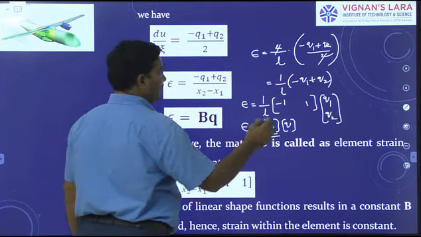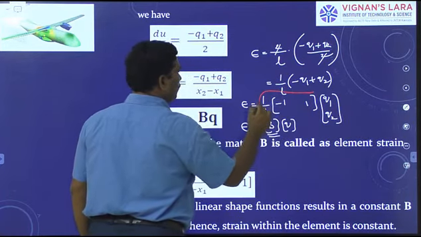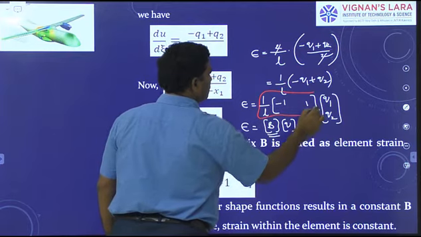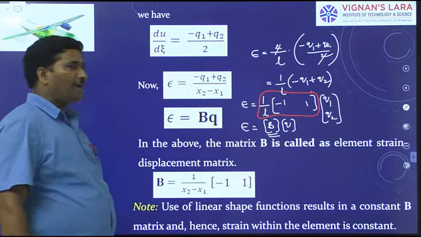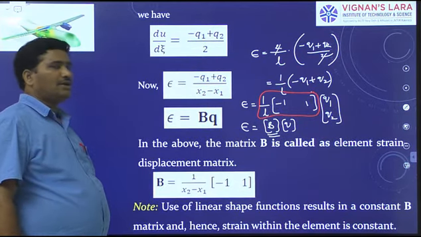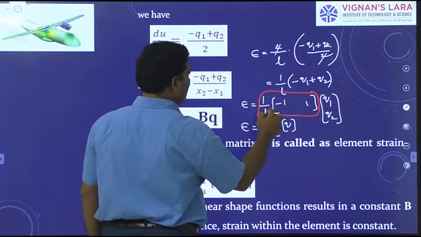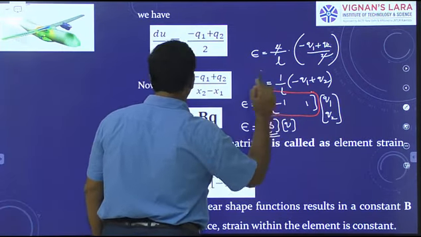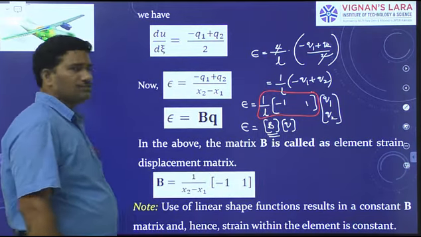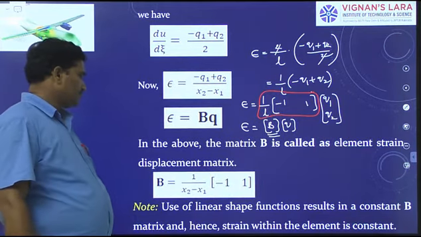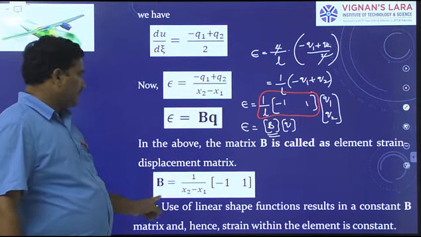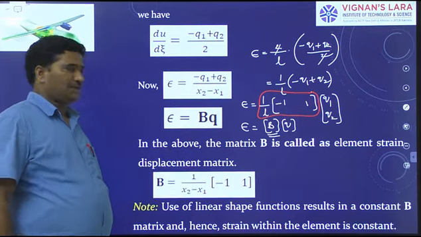What is B here? B is simply 1/L into a row matrix having the elements minus 1 and plus 1. Understand? So this is the strain displacement matrix.